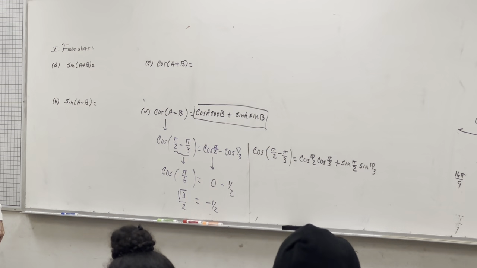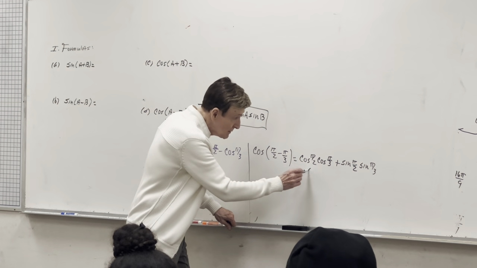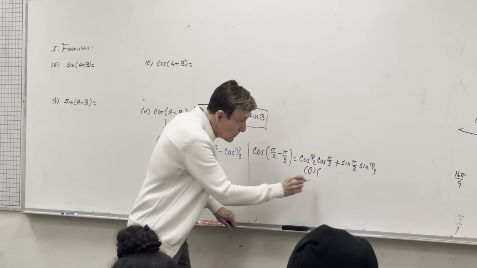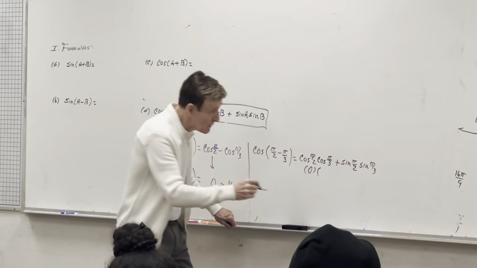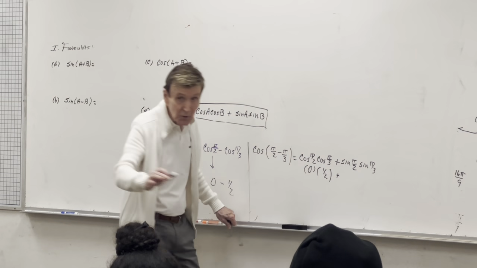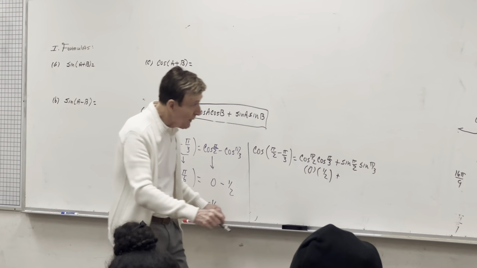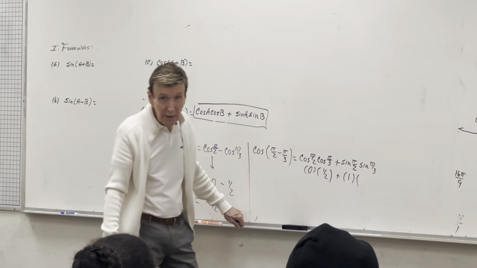Now someone's going to have to help me. Does anyone recall what cosine of pi over 2 was? Was that 0? And cosine of pi over 3 on the unit circle, what's the cosine of 60? Is it 1/2? So far so good? Sine of pi over 2 was what? 1? And what's the sine of pi over 3?